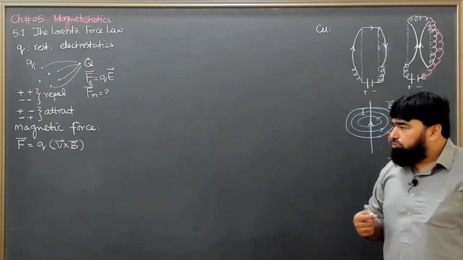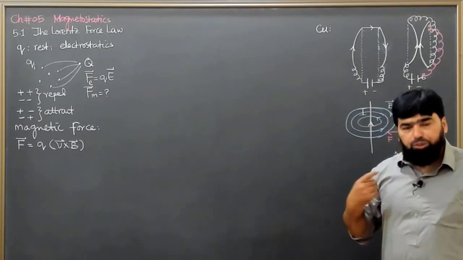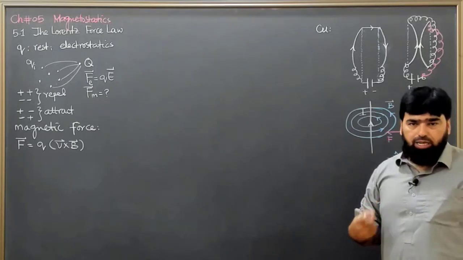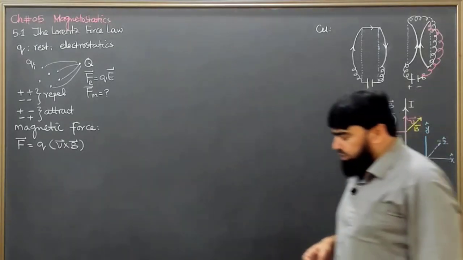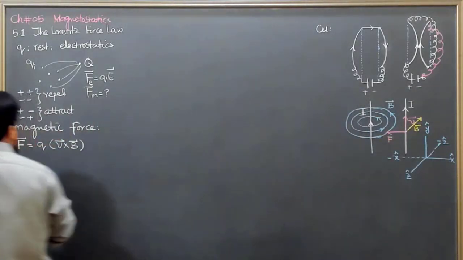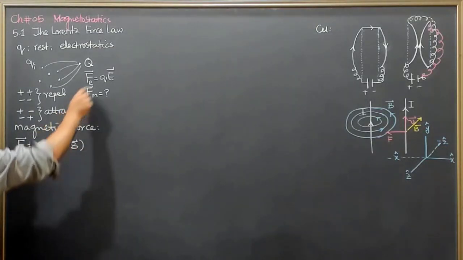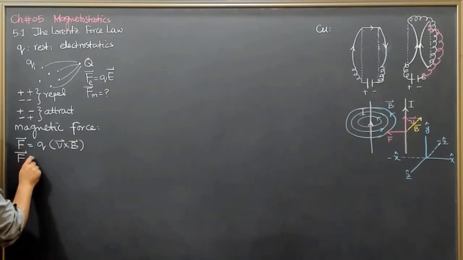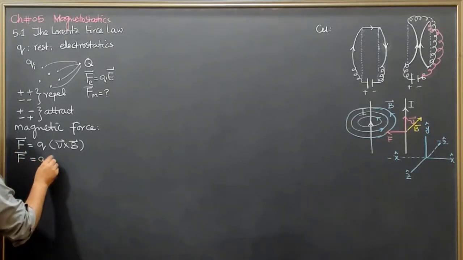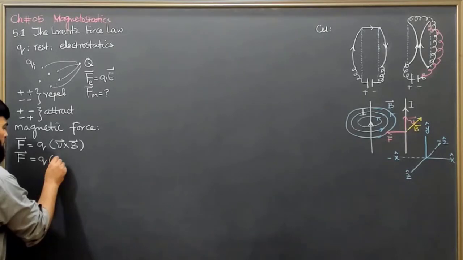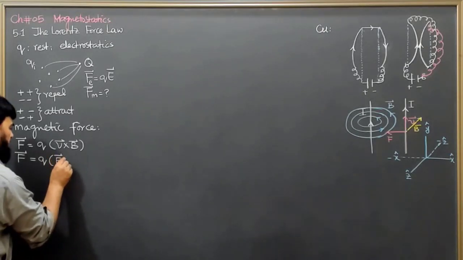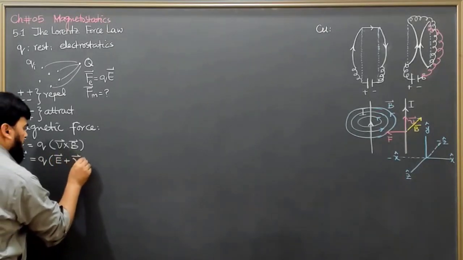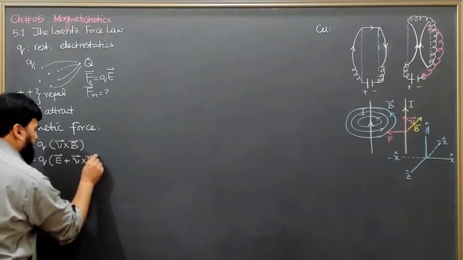F is the force which this field will cause, and this is the magnitude of the force. So I can write for both: the Lorentz Force Law for the electromagnetic force will be F equals Q times E plus V cross B.